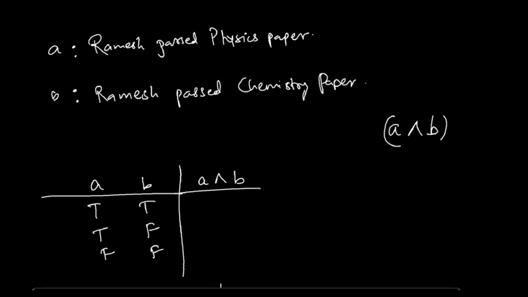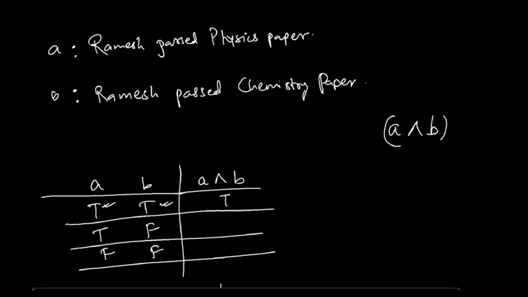So the case when Ramesh passed the physics paper is true, and Ramesh passed the chemistry paper is true, only then is this true. Otherwise, if Ramesh fails in any paper, let's say if he fails in the chemistry paper, then he does not pass the exam.